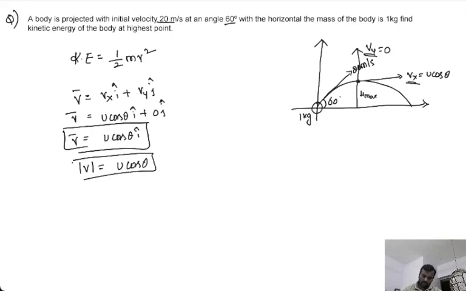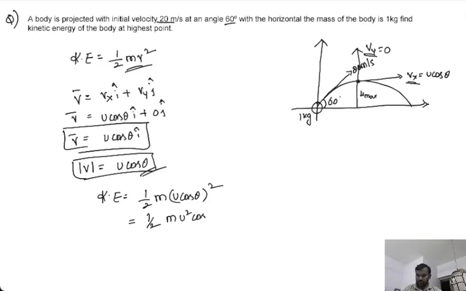So the velocity is u cos theta. Substitute this velocity in the kinetic energy formula. Then kinetic energy KE is equal to 1 by 2 m into v, which is u cos theta whole squared. Then you write 1 by 2 m u squared cos squared theta.